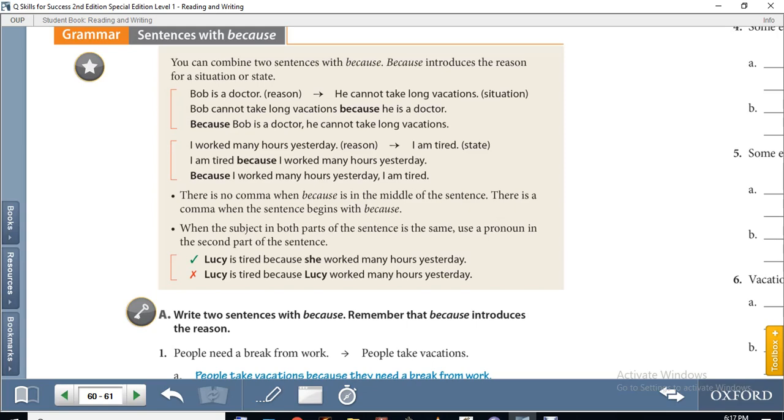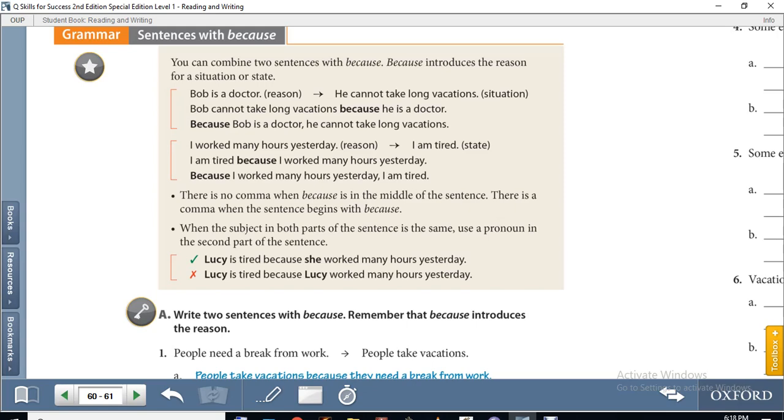Bob cannot take long vacations because he is a doctor. So we combine two sentences into one sentence. Now make sure that because is followed by the reason. So the reason comes after the word because.